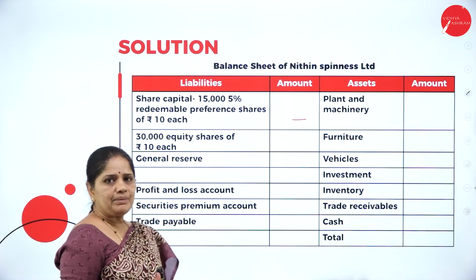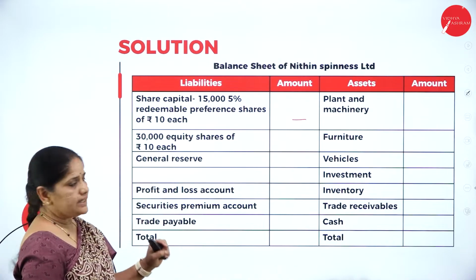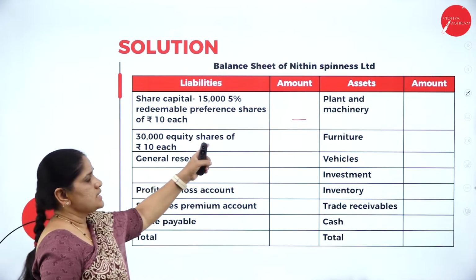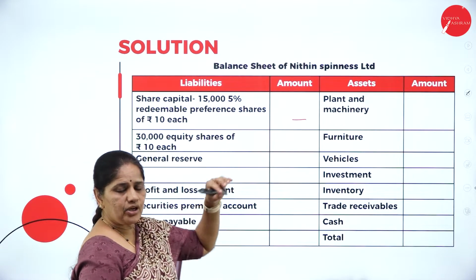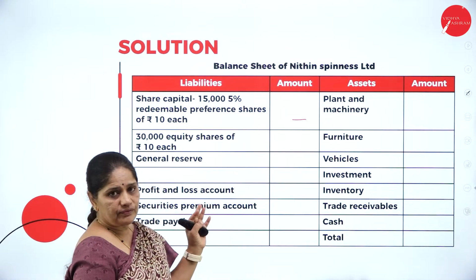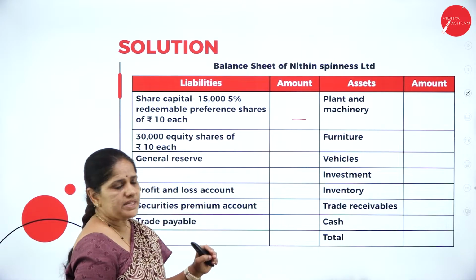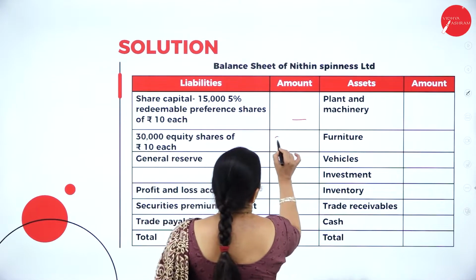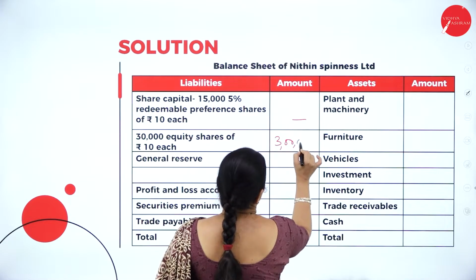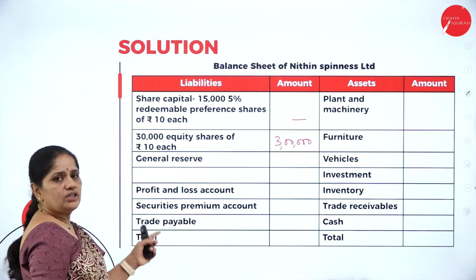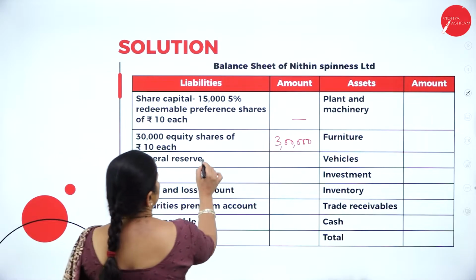So now we have the balance sheet of Nitin Spinners Limited. Share capital. There are no preference shares here. So I am writing it as nil because we have already paid back the amount of the preference shareholders. Then 30,000 equity shares of rupees 10 each, 3 lakhs. Then general reserve.